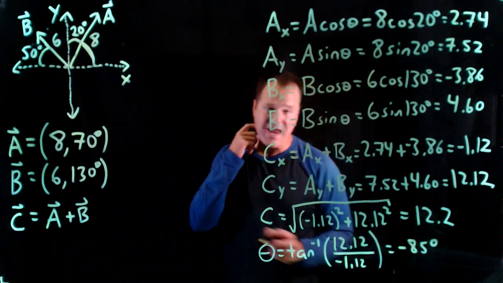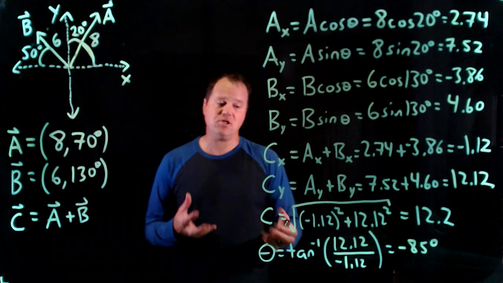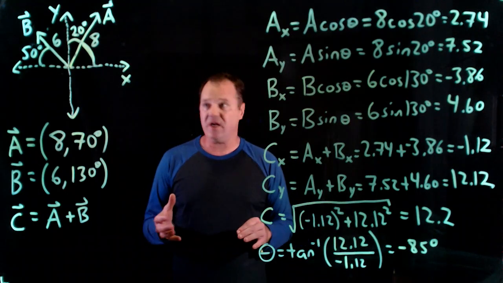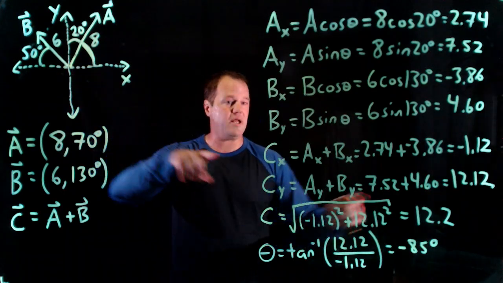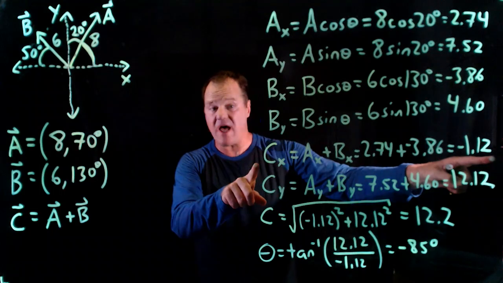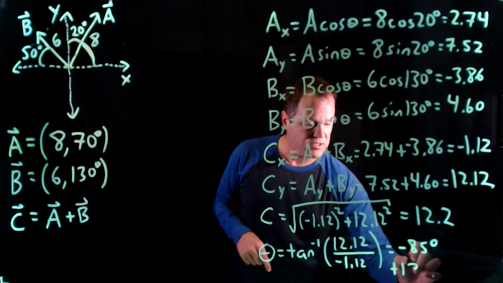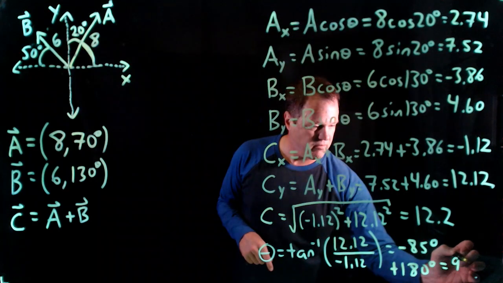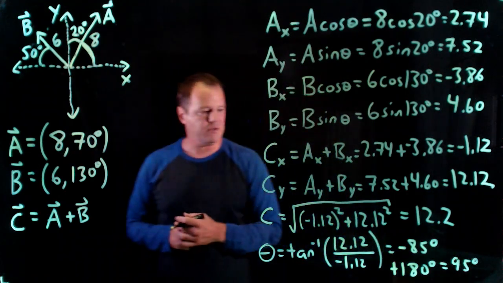But that isn't right because the x component is negative. This is actually a step in this process where you have to think about it a little bit. We're getting a vector that points down and to the right instead of up and to the left. So we have to add 180 degrees to this, and I get an answer of 95 degrees. So that's our correct direction.